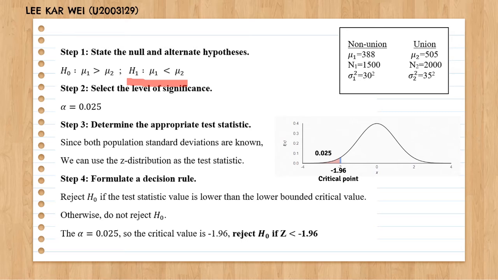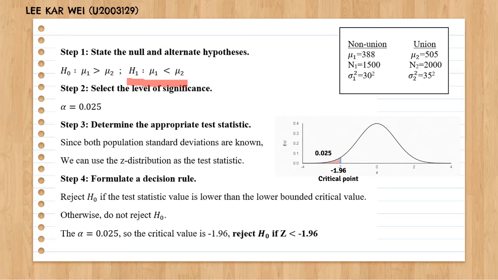Since we know both population standard deviations, we can use the Z distribution as our test statistic for this question. When alpha is equal to 0.025, our critical point will fall on negative 1.96.